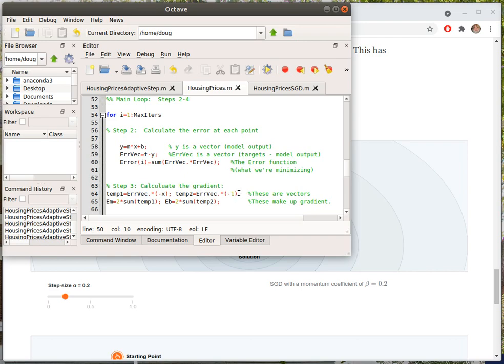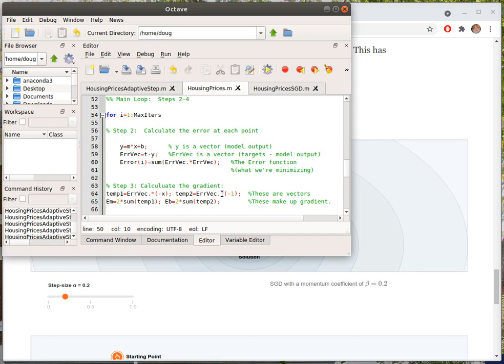But this is a temporary, like a middle point of my computation, because the error vector is actually a vector in R10, and x is a vector in R10, so you're component-wise multiplying these two vectors in R10, right? And similarly, temp2 is also component-wise.